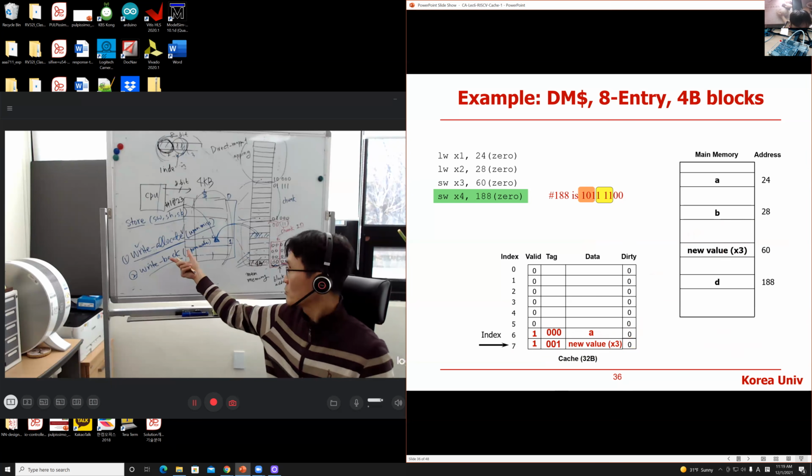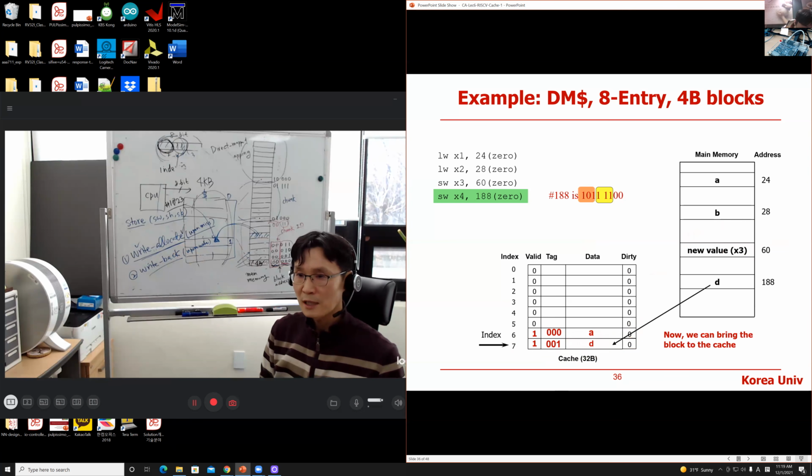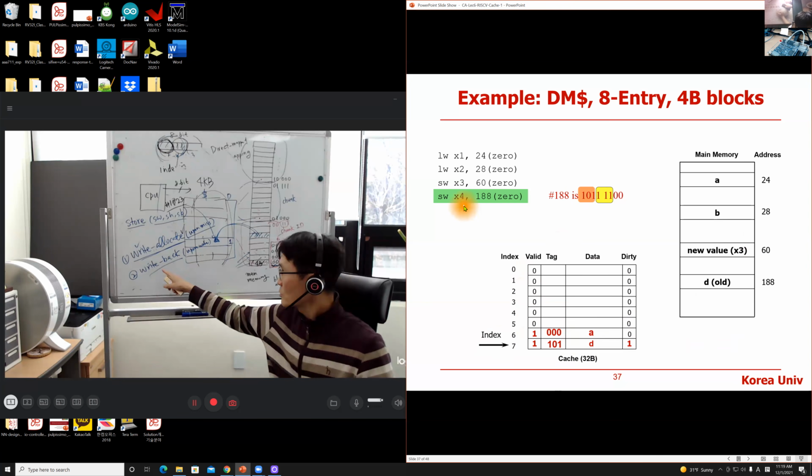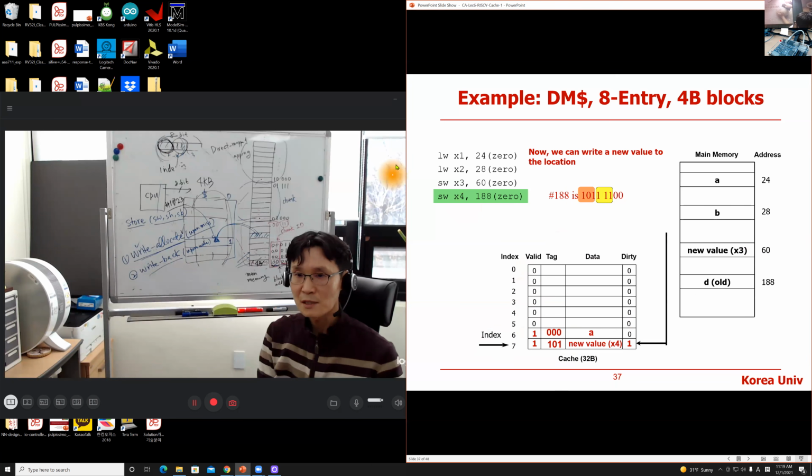Now, according to the write allocation policy, bring that memory block into the cache. Then record the chunk ID in the tag, 101, and the valid bit is 1. This entry is valid. Then according to the write back policy, this data x4 should be written to the cache line.